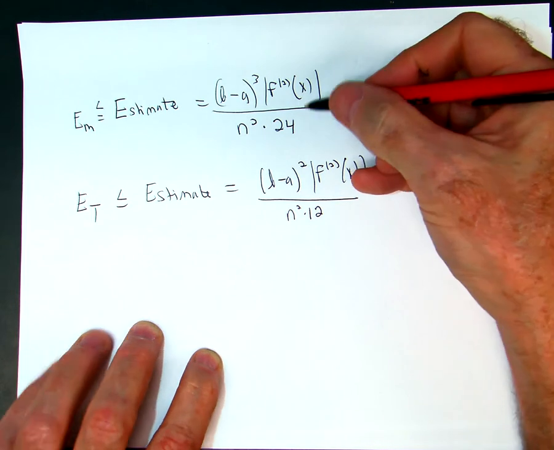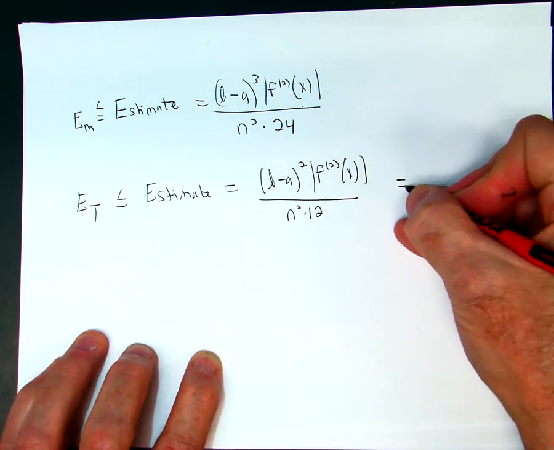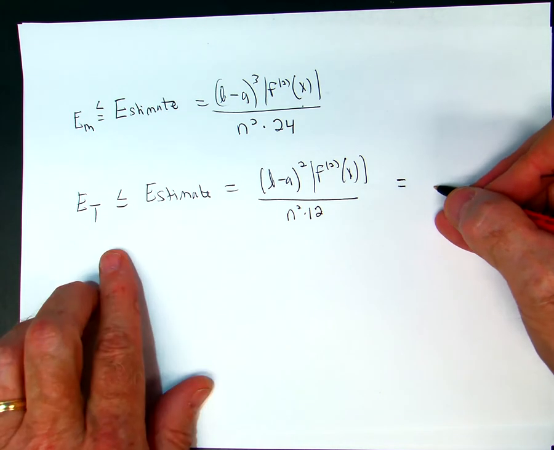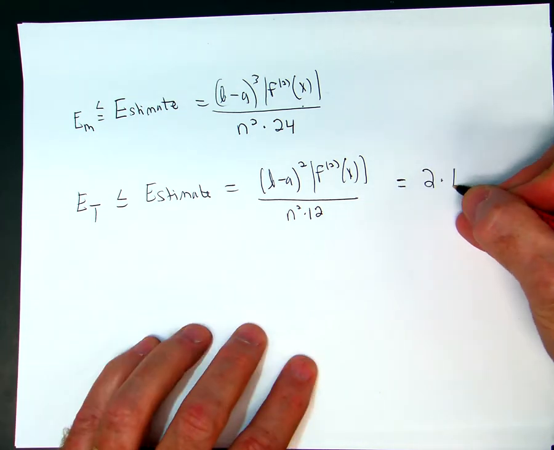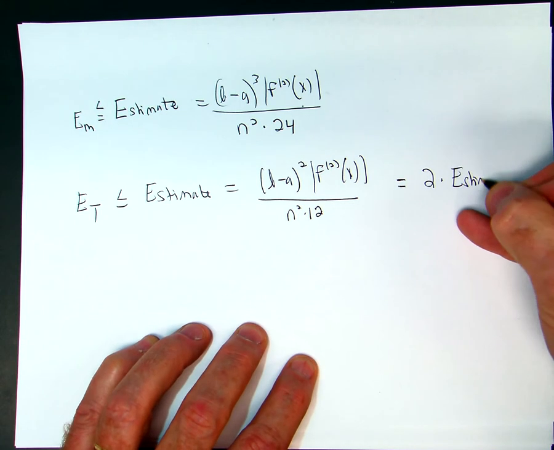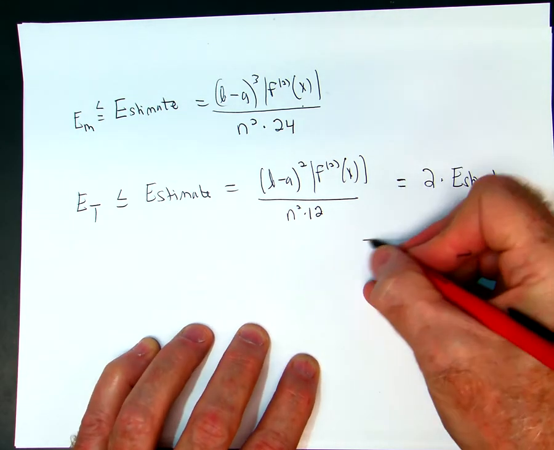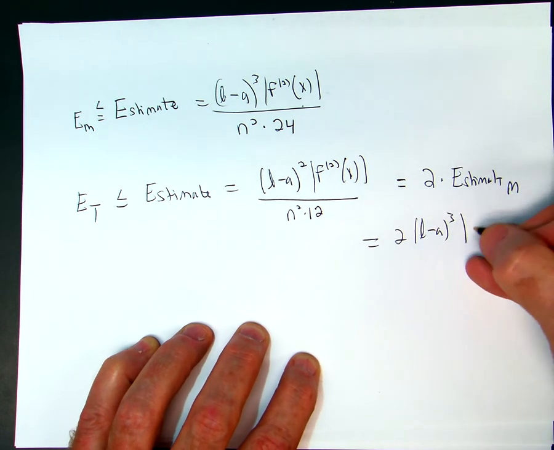Now notice this is twice as small as this. So in other words, the trapezoid error estimate is going to be 2 times the estimate for the midpoint, which is 2 times b minus a cubed times the maximum.